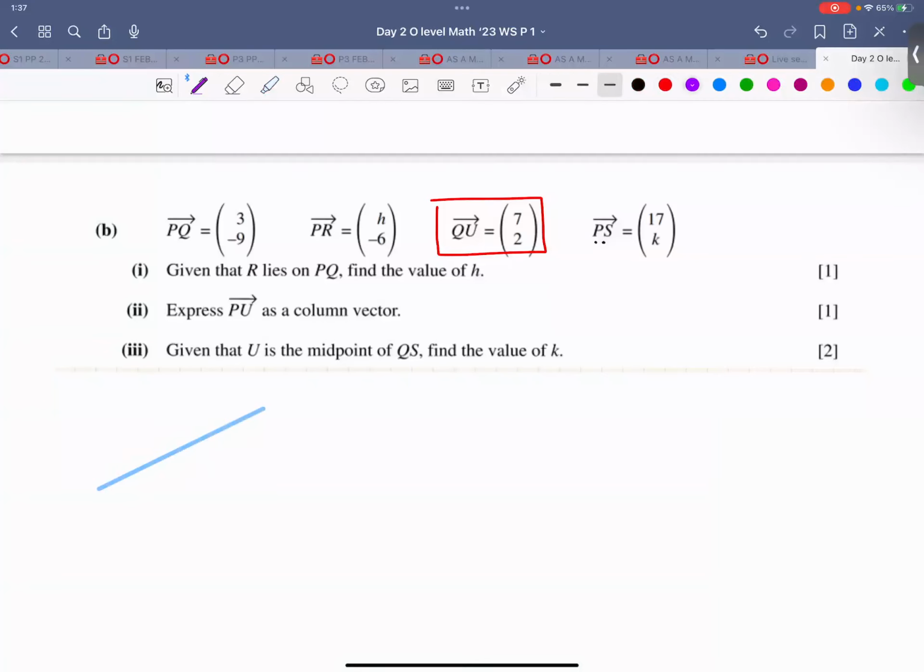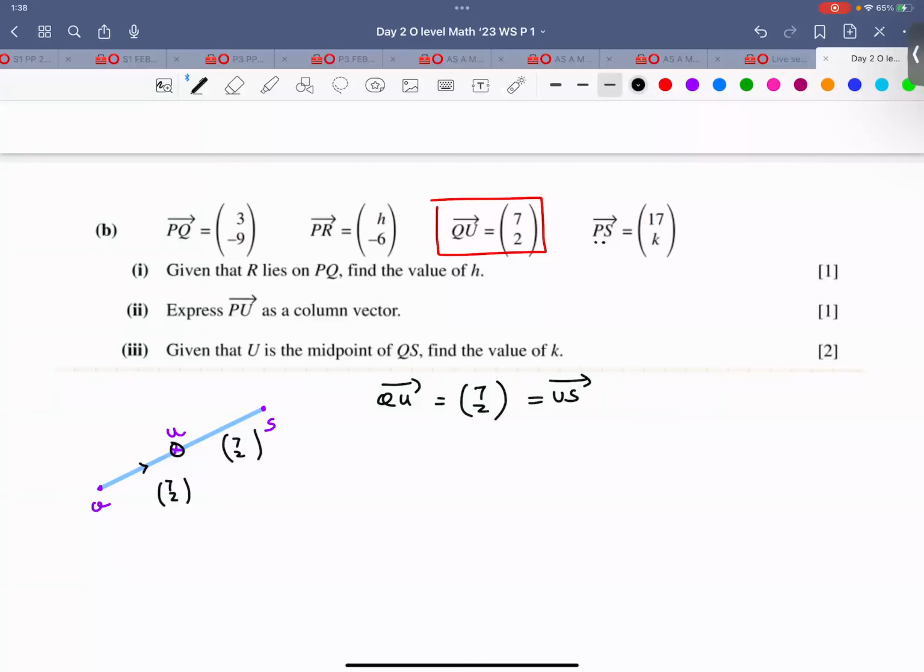This is P, this is Q, and this is S, and somewhere here is U. So we have QU. This is 7 and 2. Since U is the midpoint, US is also 7 and 2. So QU is 7, 2. That's the same thing as US. So in other words, find the value of K.